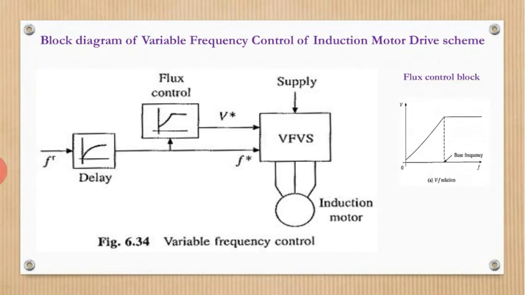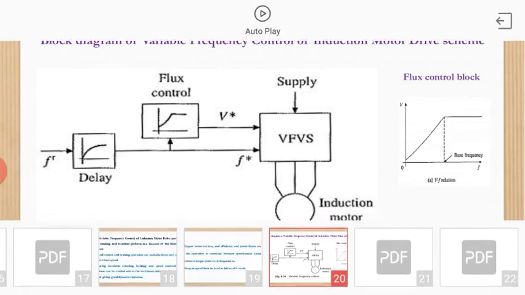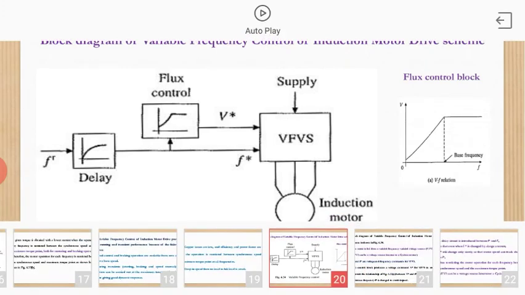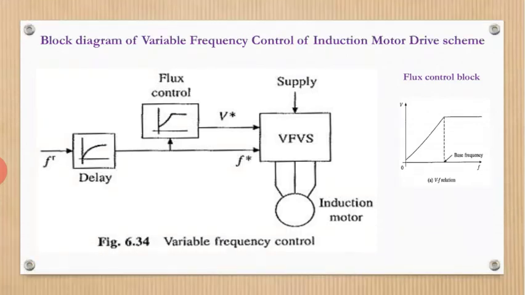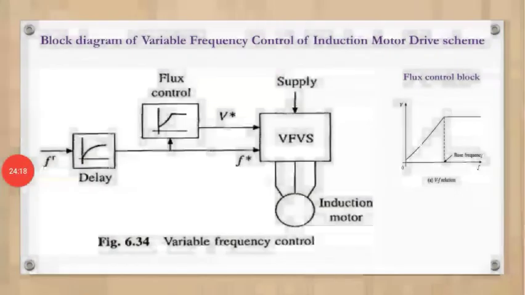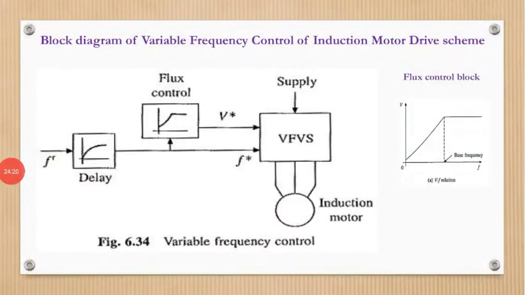Next, the flux control block produces a voltage command V star for the VF VS in order to maintain the relation between V and F. The reference frequency F star is changed to control the speed.